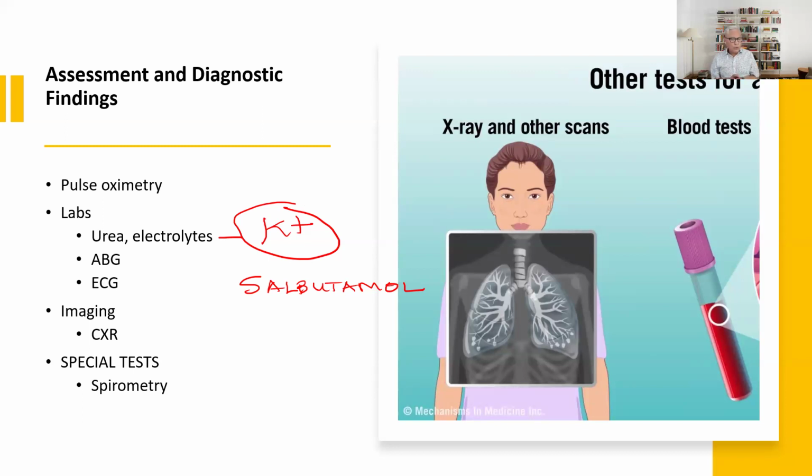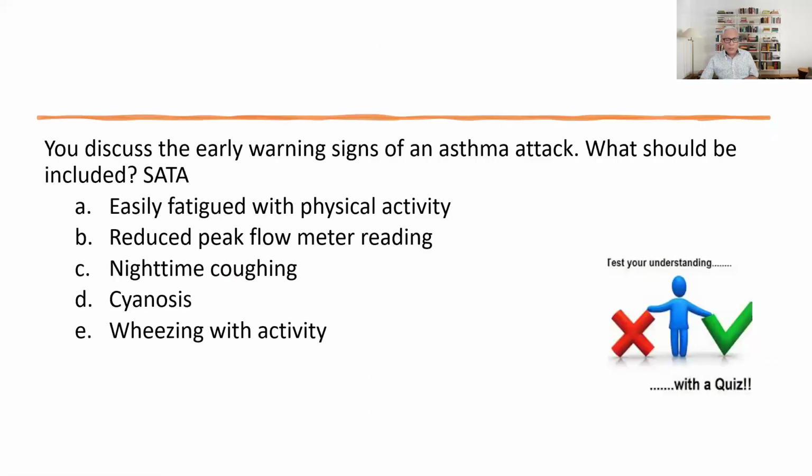This is going to be very useful. Spirometry is the diagnostic method of choice to show whether or not there is obstruction. Okay, so those are the tests that are going to be included in diagnosing asthma. So let's go to another poll.